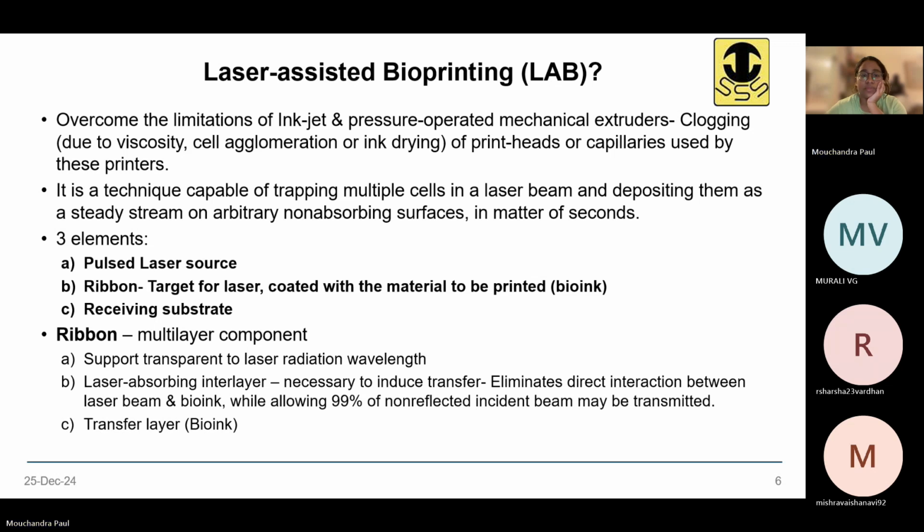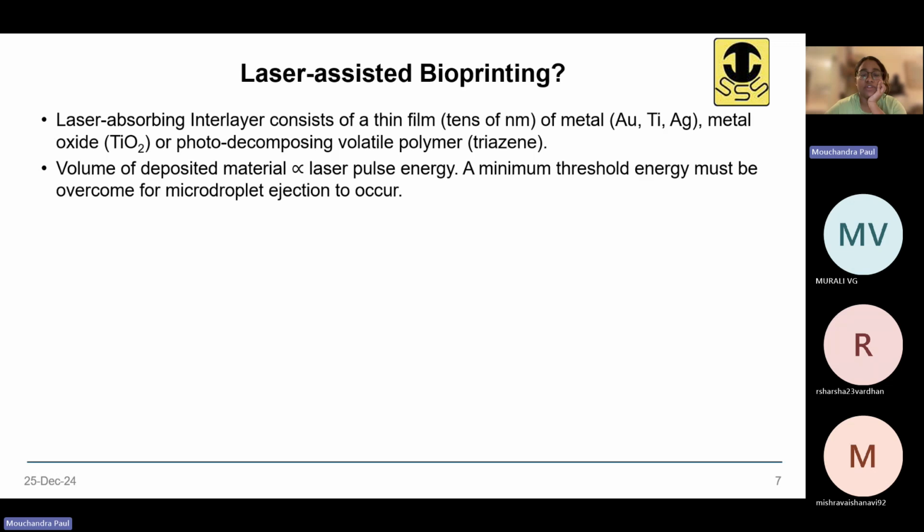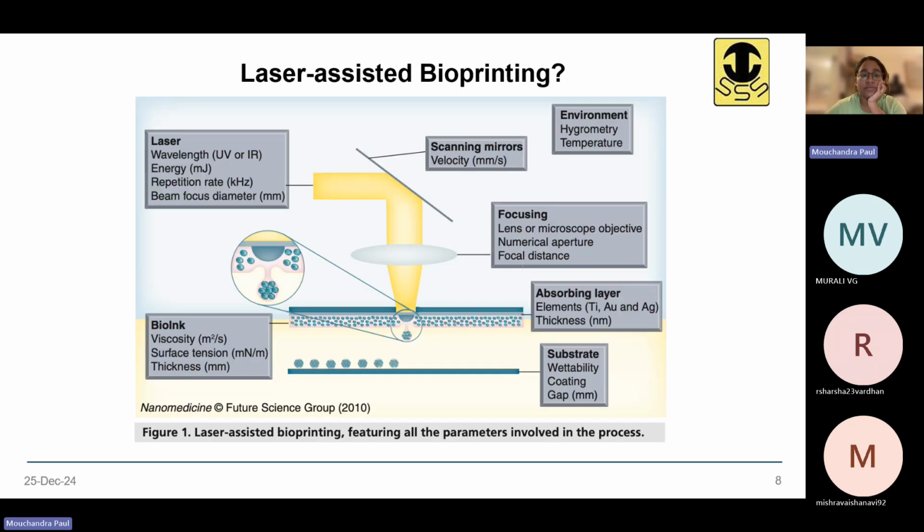So around 1% of the incident beam is absorbed by this interlayer, whereas 99% gets transmitted. That helps in the formation of these droplets.